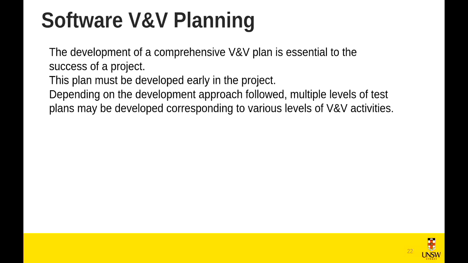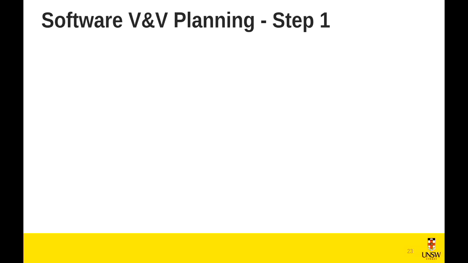So these are some borrowed definitions. The development of dependable software needs a comprehensive plan for verification and validation. And actually there are 7 steps for us to do this kind of verification and validation planning.